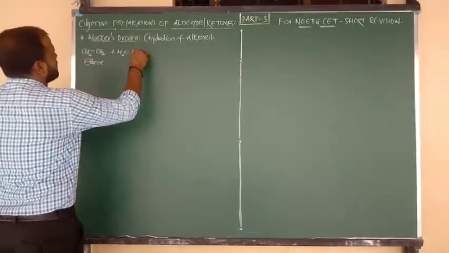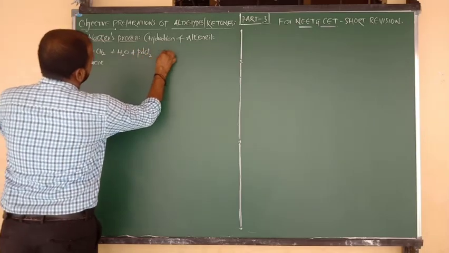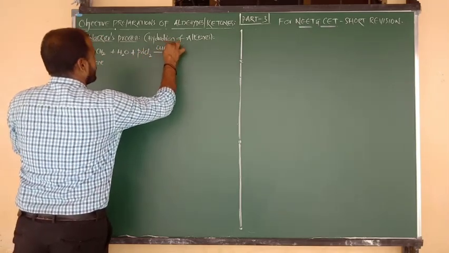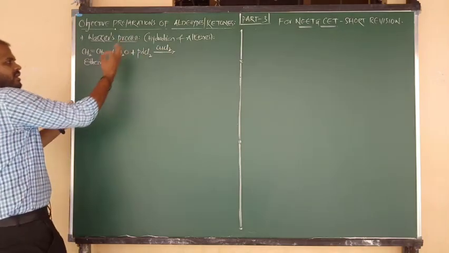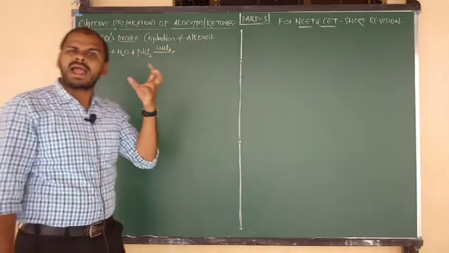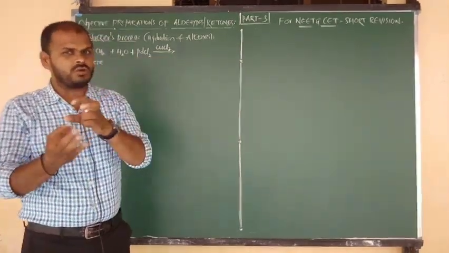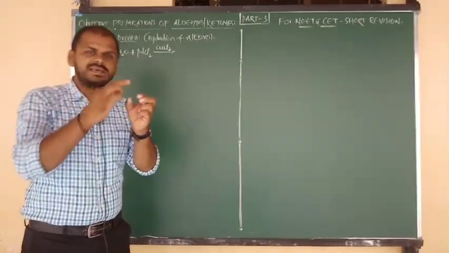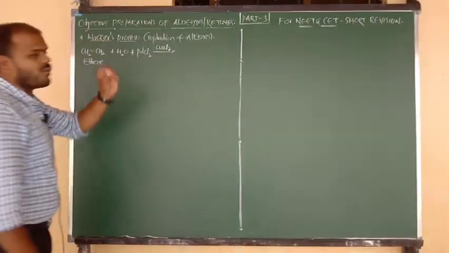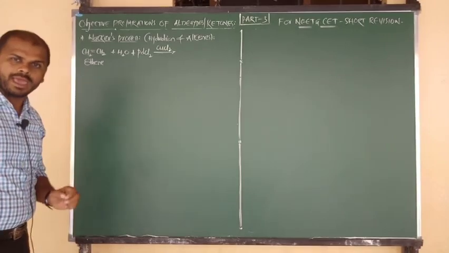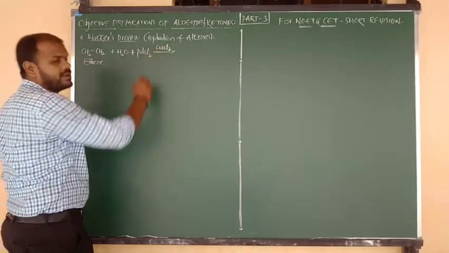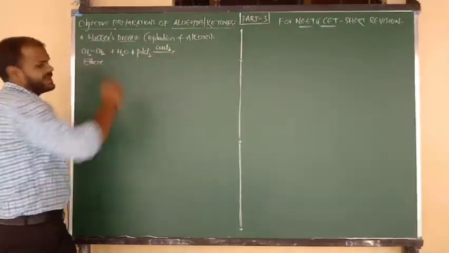That is nothing but palladium chloride plus copper chloride. One goes to be completely involved in the reaction and one more is going to act as catalyst. So PdCl2 plus CuCl2, such a mixture we have to identify as Walker's reagent, palladium chloride plus cupric chloride.